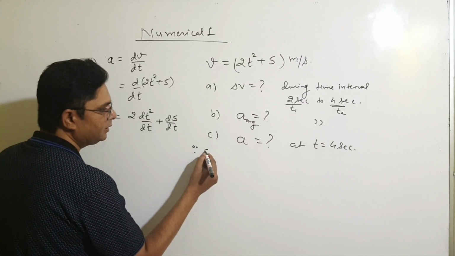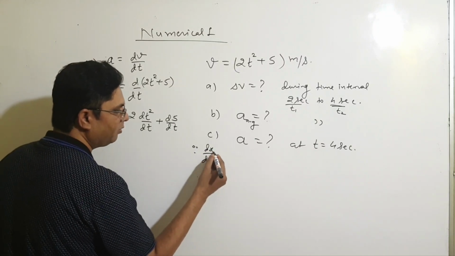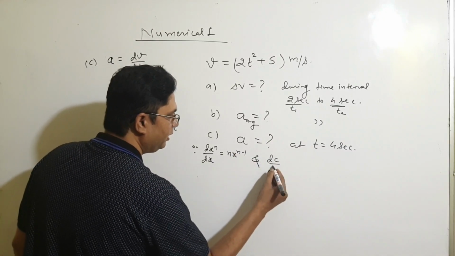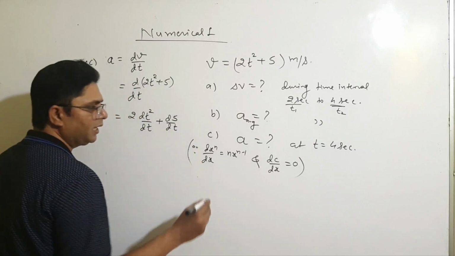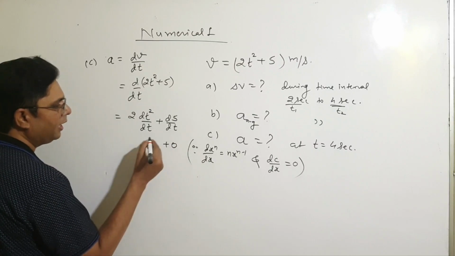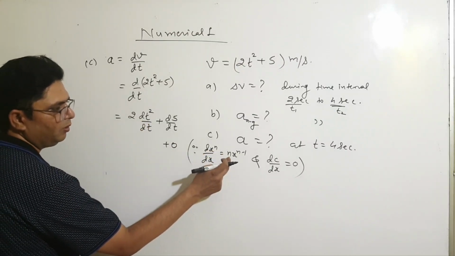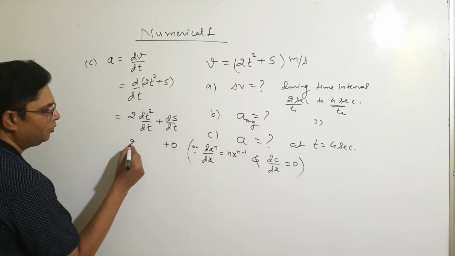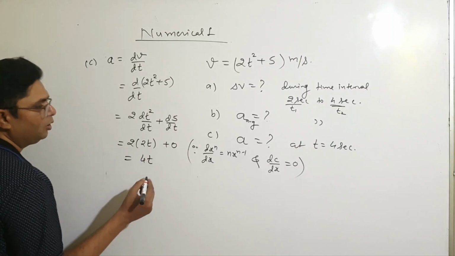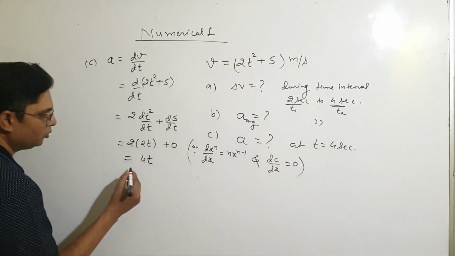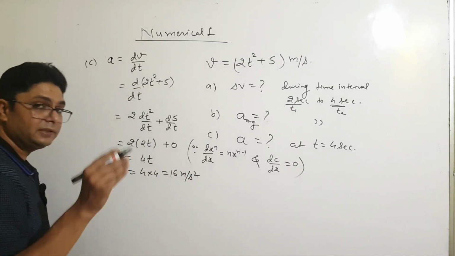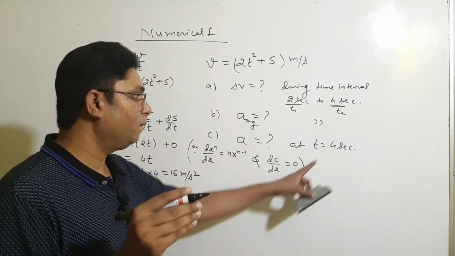You know the formula d upon dx of x power n equals n x power n minus 1, and dc upon dx is equal to 0. This means that for a constant the differentiation is 0. So here you have 0, and here the power is 2, so 2 comes down and 2 minus 1 is 1. So 2 times 2t, what you get is 4t. Now at t equal to 4 seconds, put the value: 4 into 4 equals 16 meter per second square is the acceleration at time 4 seconds.